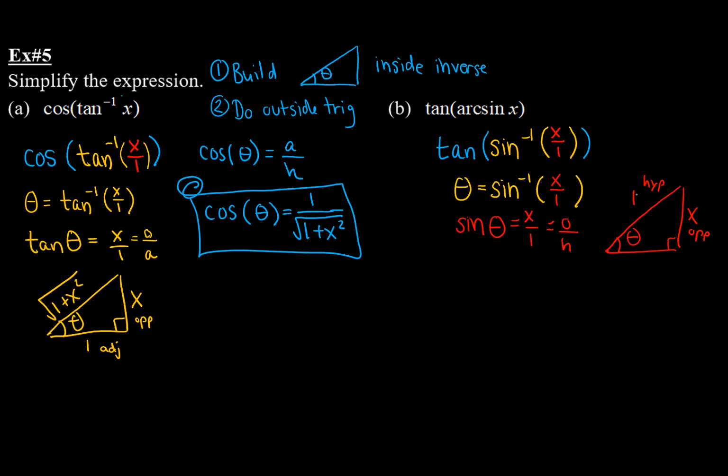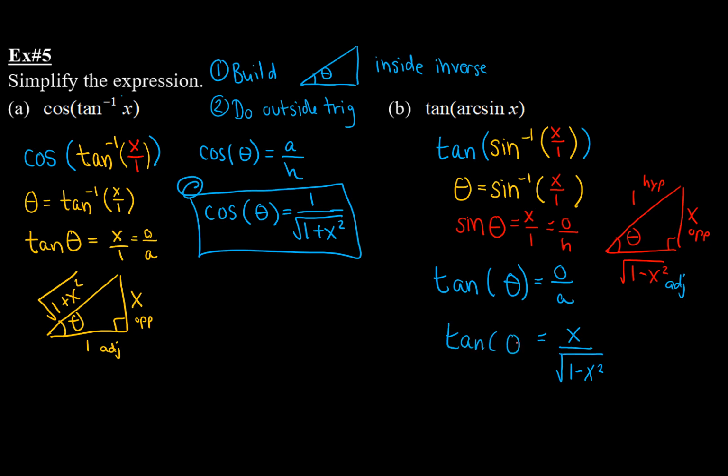I take 1 squared minus x squared, which gives me 1 minus x squared, and then take the square root of it. Now I can take the tangent of that theta, which is opposite over adjacent. So this is going to be x over the square root of 1 minus x squared. All right, good job. I hope you got the same thing I did. Neato, huh?